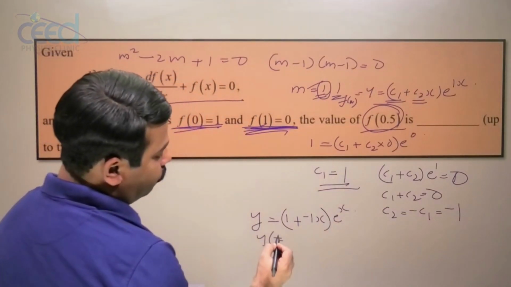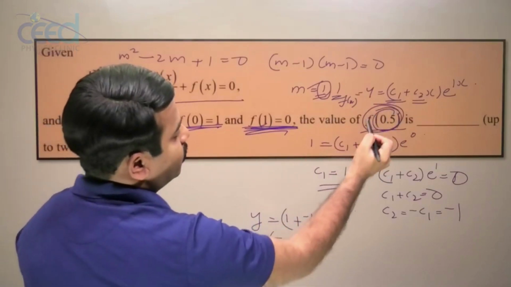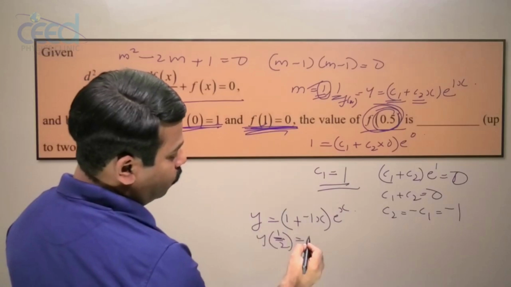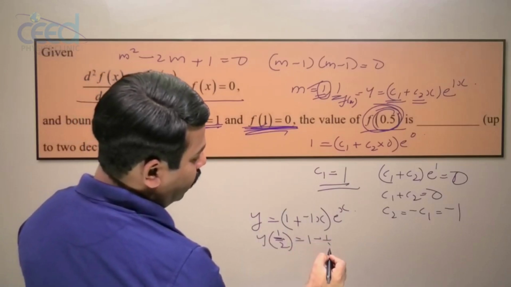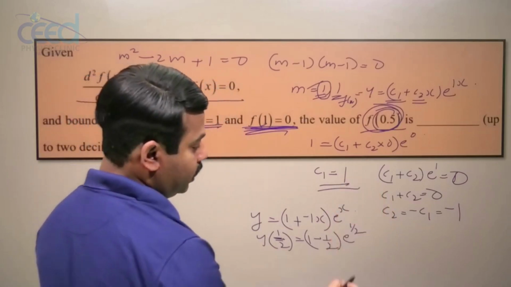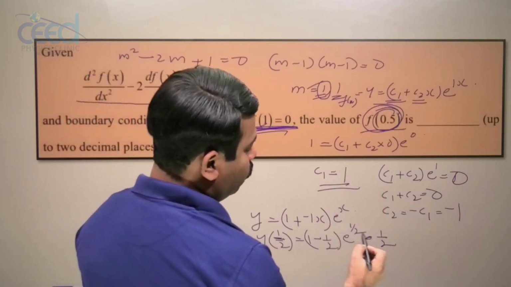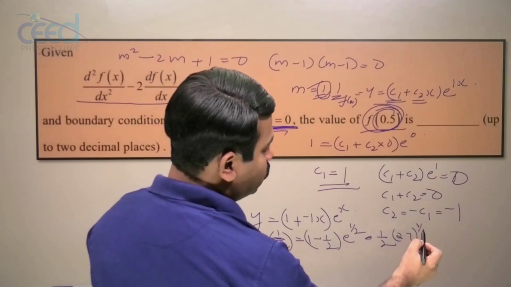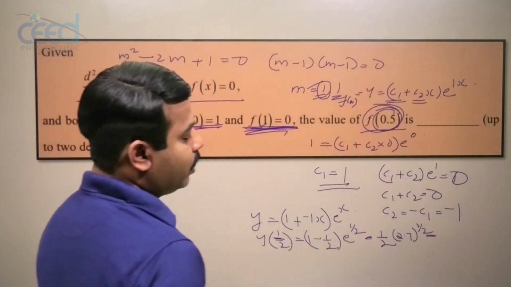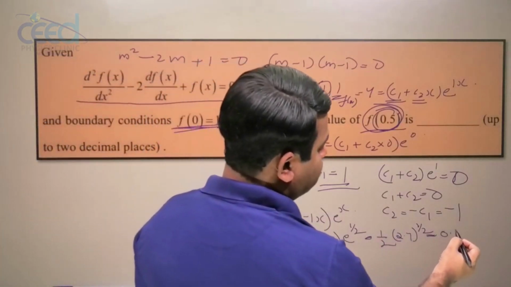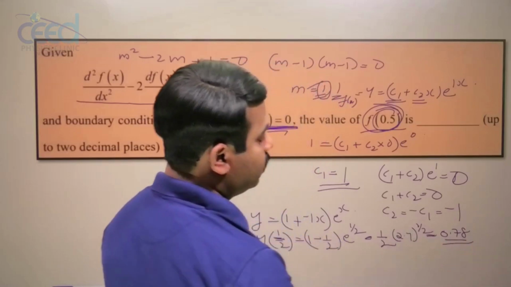We need y of 0.5, which is 1/2. So y(1/2) = (1 − 1/2) e^(1/2). Now 1/2 into e, whose value is 2.7, all raised to 1/2.